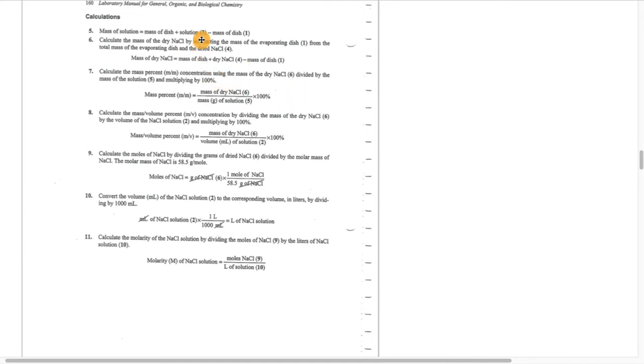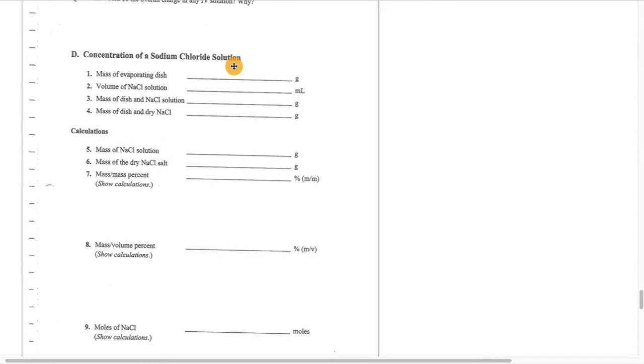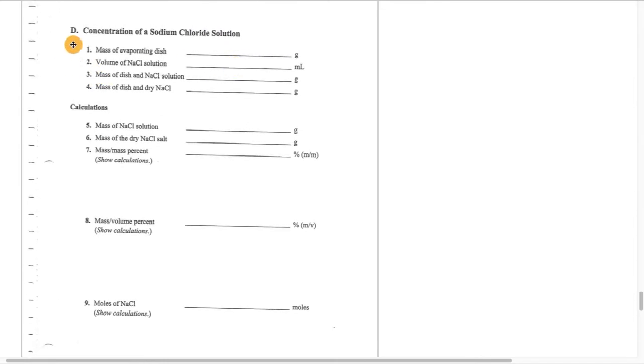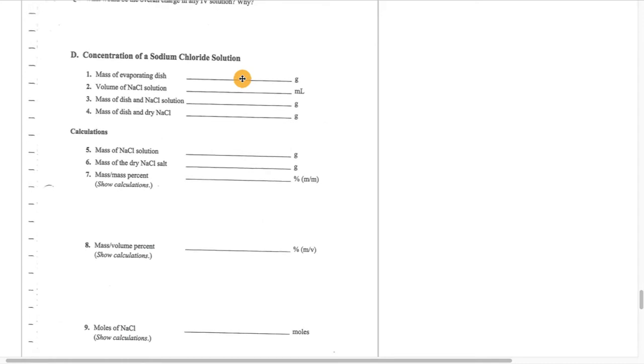The 1, 2, 3, 4 in the parentheses there refer to the numbers in the report sheet, so she's referencing data that you have in your report sheet here. Remember, this data is coming from that image we saw a few minutes ago. Again, if that's unclear, please watch the how-to video on completing these labs.